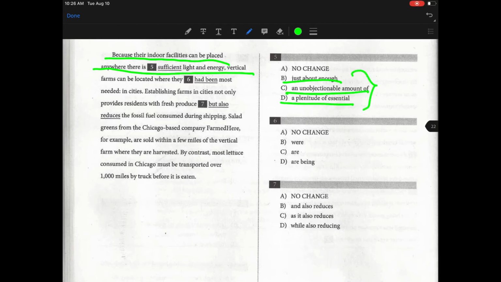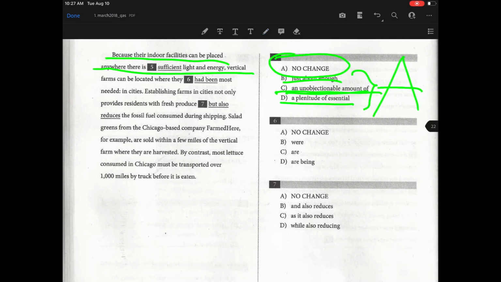Now, these are wordy options. They are redundant. The meaning is the same, sufficient, but they're inserting a lot more words than there should be. So I'm going with no change simply because it is simple, and this one word sufficient explains everything that they want to say in this sentence, okay? So A is my answer.